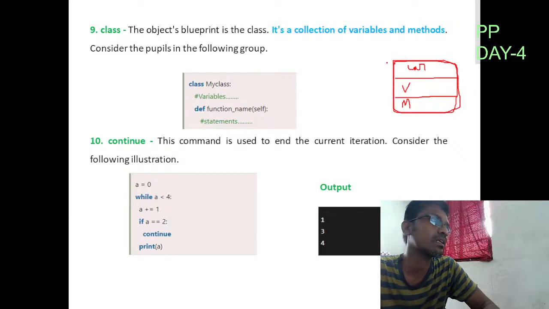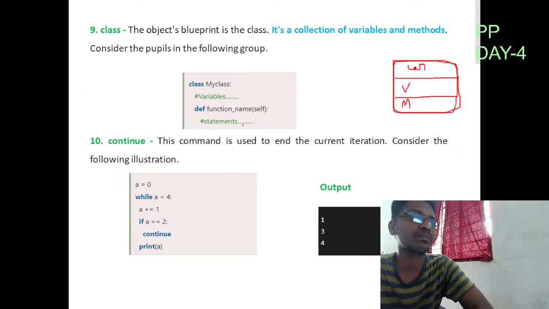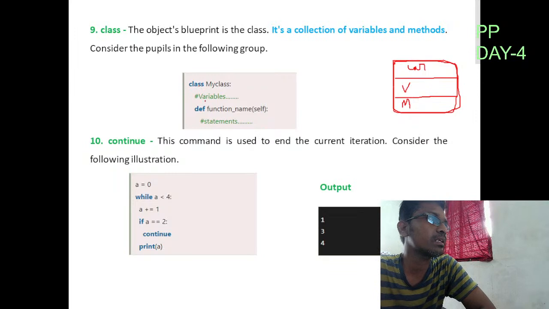The class is a blueprint of the objects. The syntax is class followed by the class name and a colon, and you declare the variables in the class and define the functions in the class.